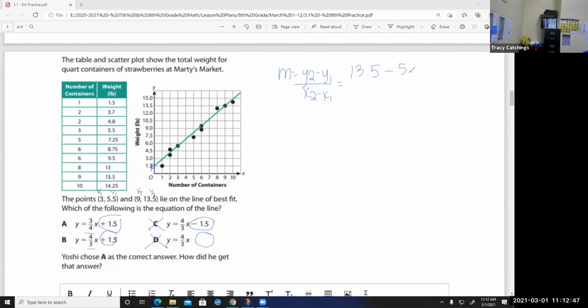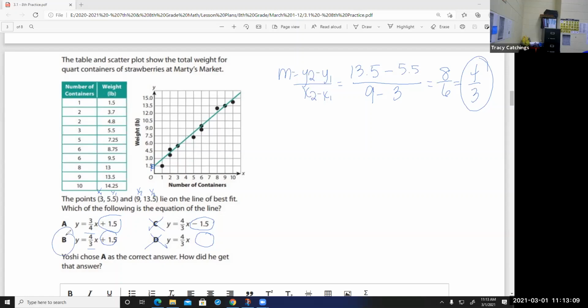Good job. x2. And then x1. Subtract. All right, simplify. B will be the correct answer.